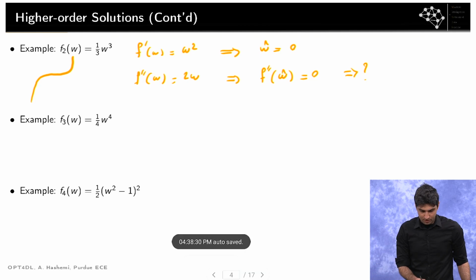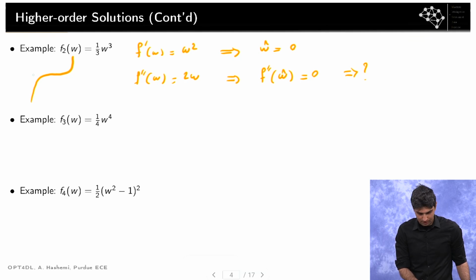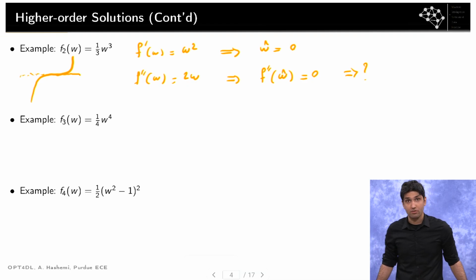In particular, this is a saddle point. This is a higher order saddle point, the point at which the gradient is 0 and the second order derivative is also 0. That's why we cannot determine whether it's a local minimum, local maximum, or a saddle point. So it's a higher order saddle point, which is also not desirable.